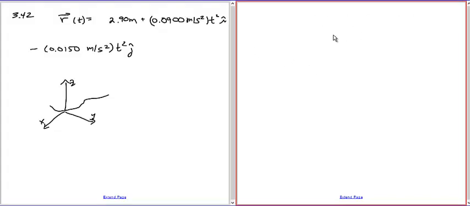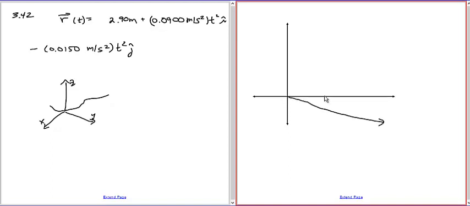So let's think about that. Let's just draw the coordinate system in the xy direction. So 30 degrees clockwise. Clockwise is this way. 30 degrees.